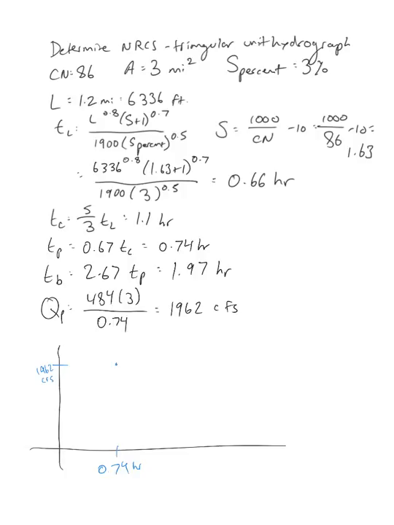Got a point there, connect here. And then my time to base, which was 1.97 hours, it's going to be over here. I'm going to connect from here to here. And that's my triangular unit hydrograph using the NRCS methods.